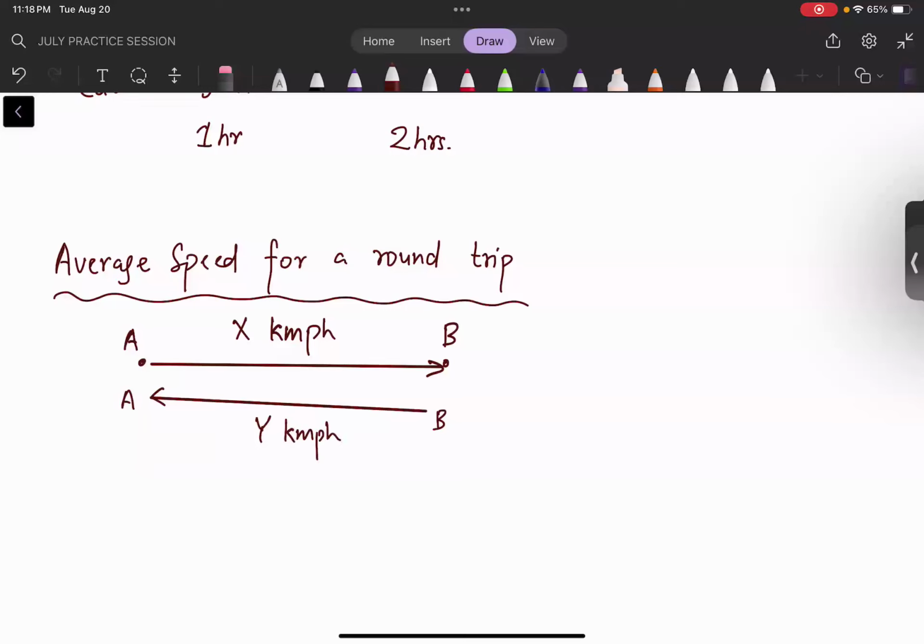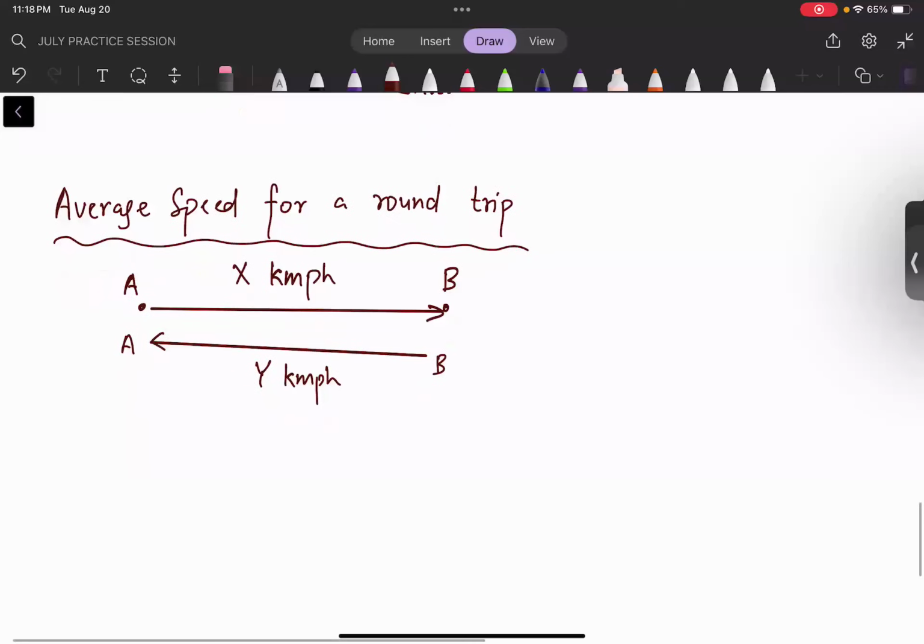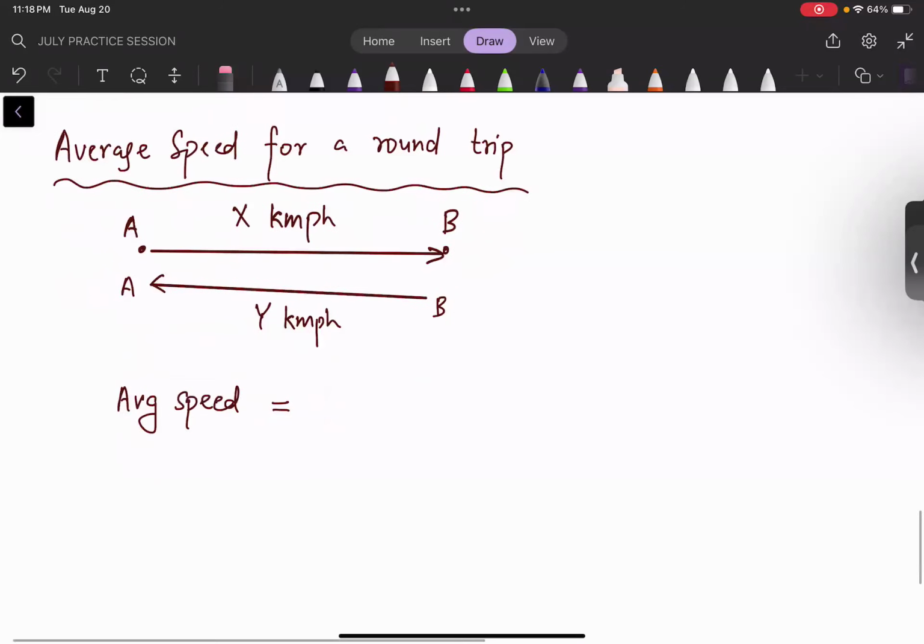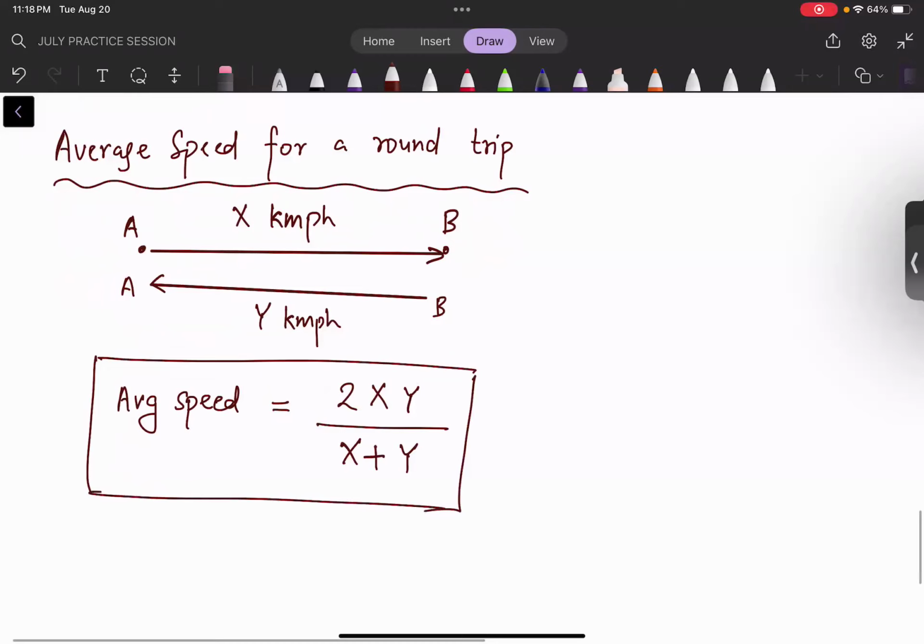So going at x kmph, in that case, average speed you can calculate very simply with a specific formula. Total distance by total time, that also is applicable, but there is a better way: twice of xy divided by x plus y. But please remember, it is for a round trip.